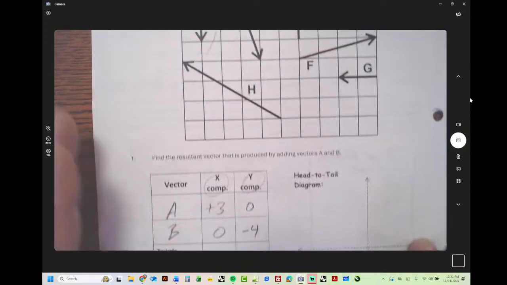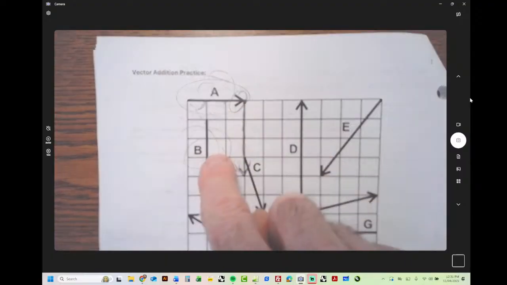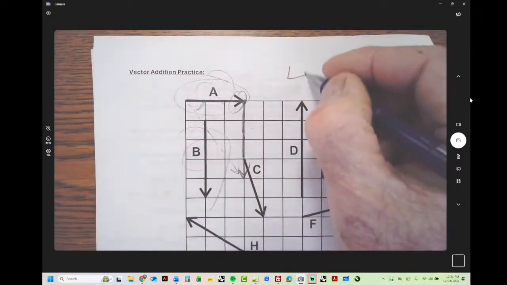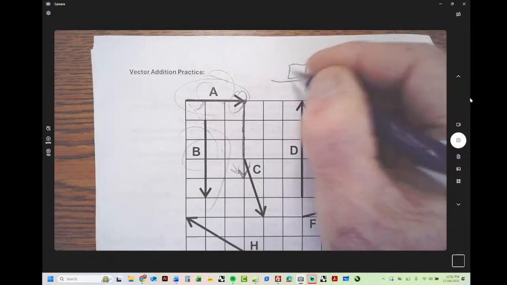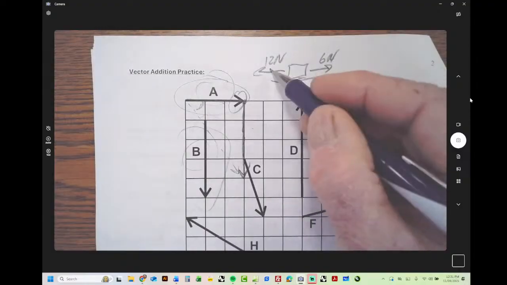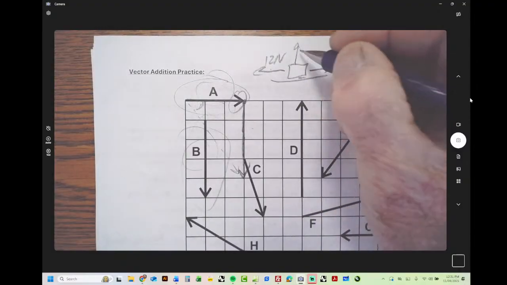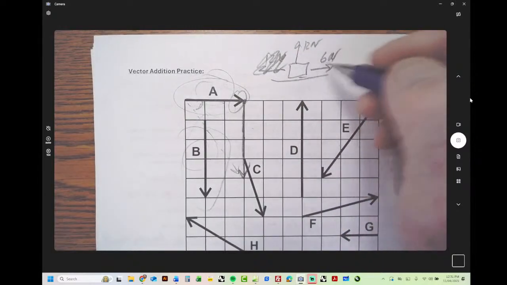So the nice thing about this is you can't really add these vectors. Like I was saying earlier, if you have a box and you have a force of 6 newtons and a force of 12 newtons, then you can add these, 6 minus 12. But if you have a 12 newton force this way and a 6 newton force that way, you can't really do it.